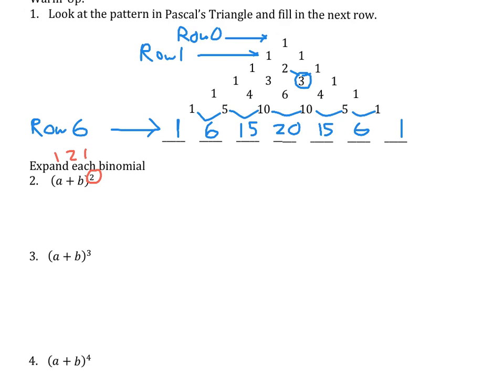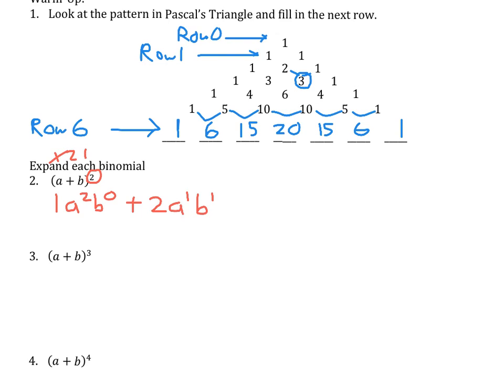This is a shortcut to expanding the binomial. So you start with a 1. Then you're going to take 2 A's and 0 B's. We've already used the 1, now we're going to use the 2. After A squared, the A is going to go down by 1, and the B is going to go up by 1.